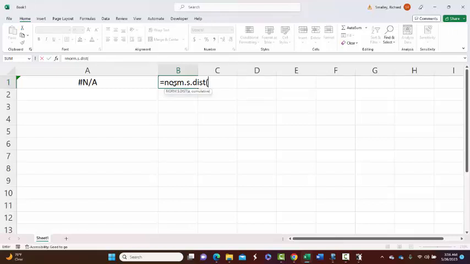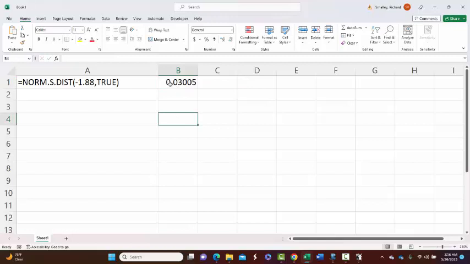The value was negative 1.88. You can only do it this particular way whenever it's left-tailed. Right-tailed, you'd have to do 1 minus norm dist, and it would be positive. Oh, there it is, 0.0301.